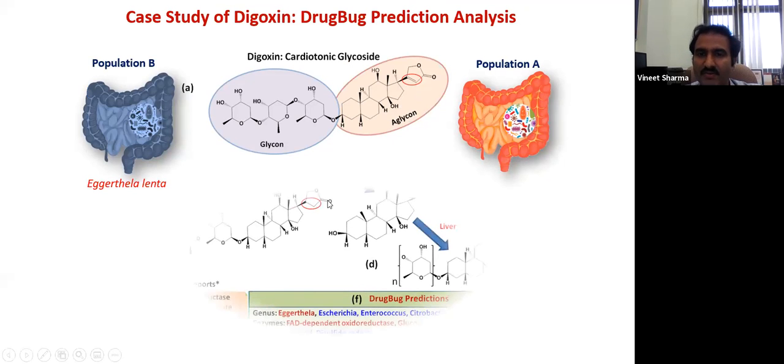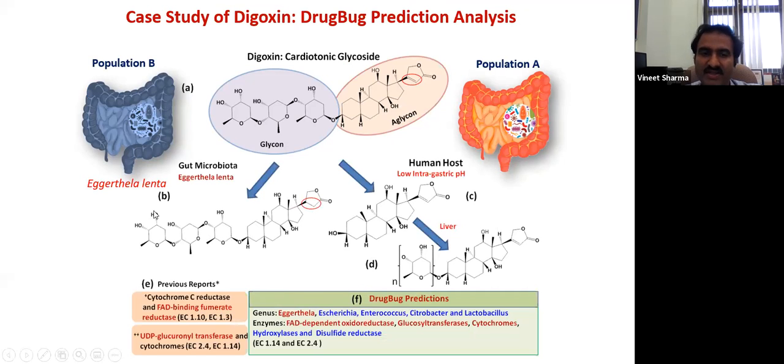So this structure now becomes inactive, and this drug cannot function. This information was known. What DrugBug could find is not only the microbe that was known, Eggerthella lenta, but also other microbes and enzymes which can do the same kind of reaction to this drug molecule.